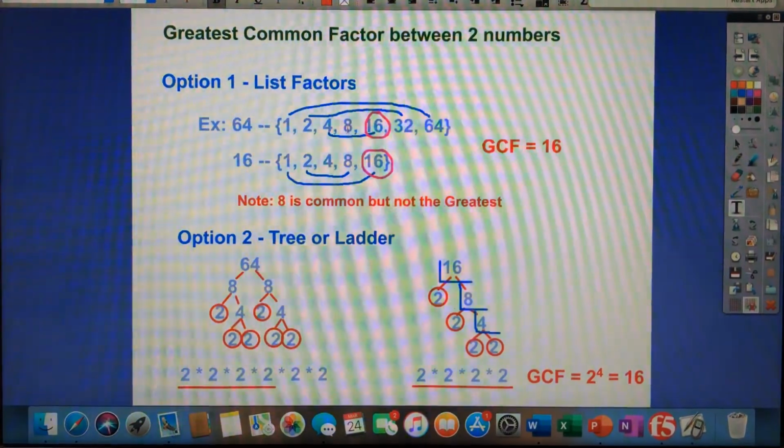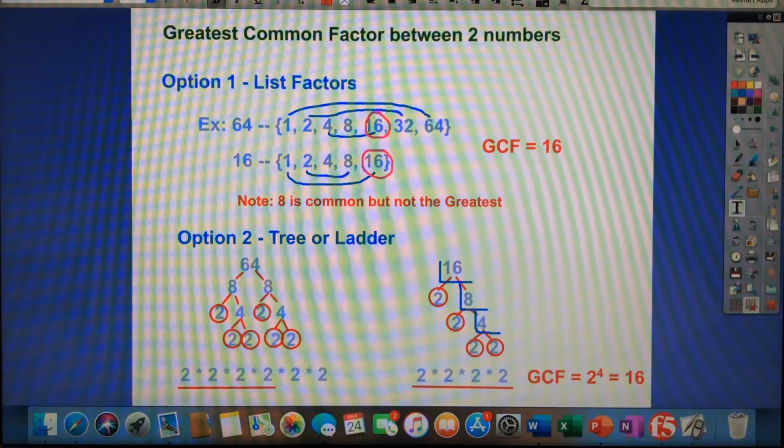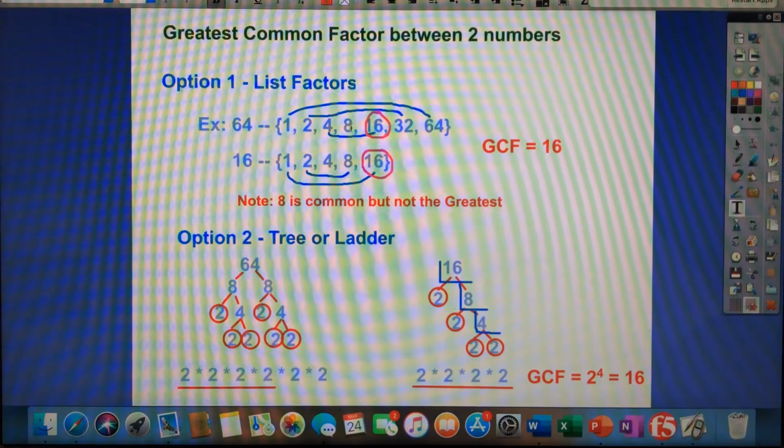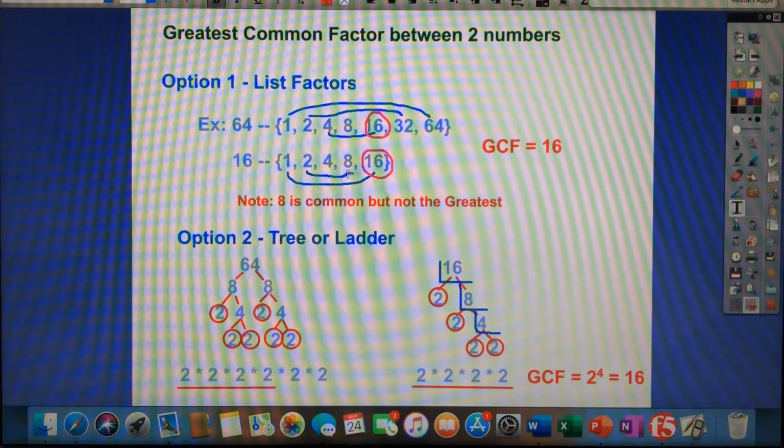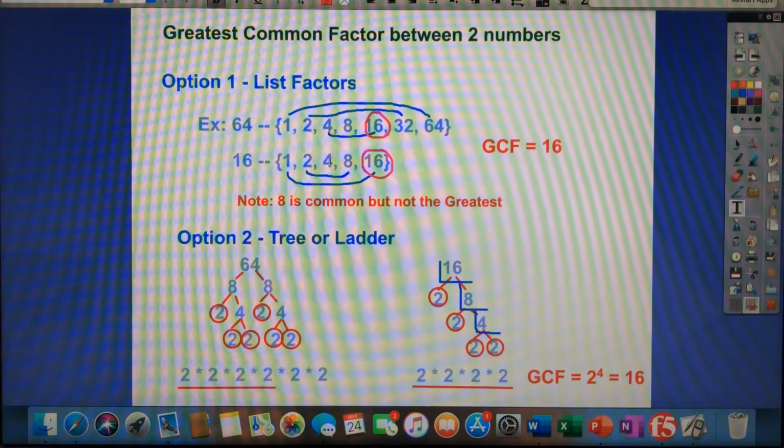No. 8? Yes, 8 goes in 8 times. The minute you get to the middle, you know you're done because you can't go to 9, 10. The next number you're going to come to is 16. So you're finished. 1 times 16, 2 times 8, 3 times nothing, 4 times 4, you're done.